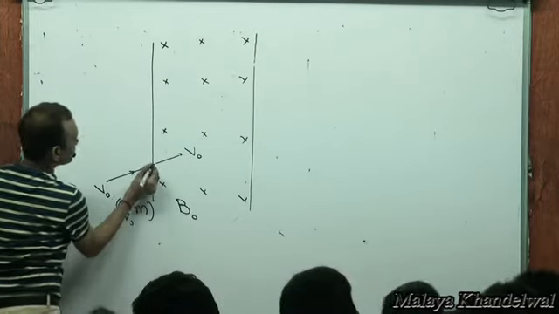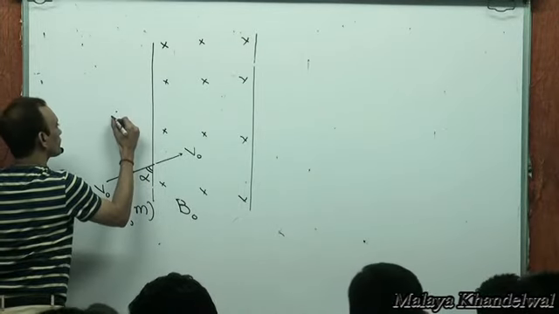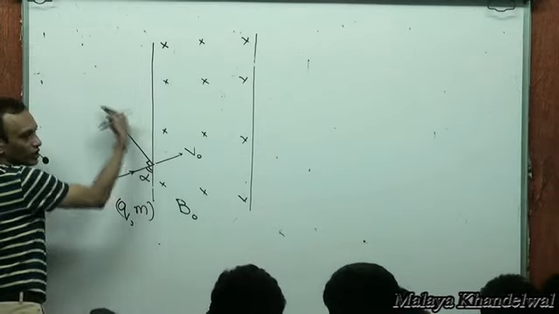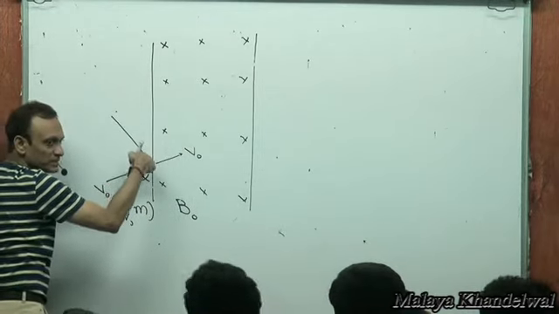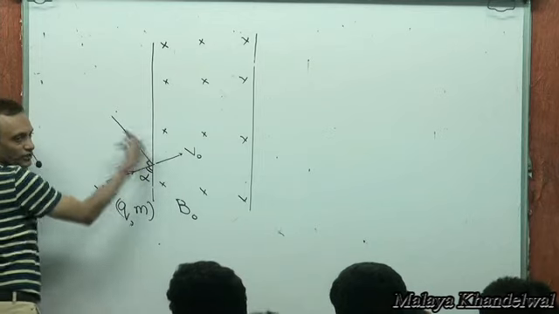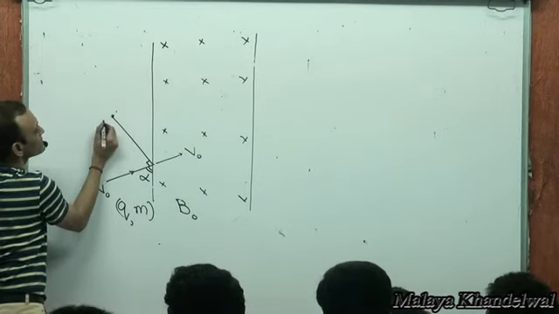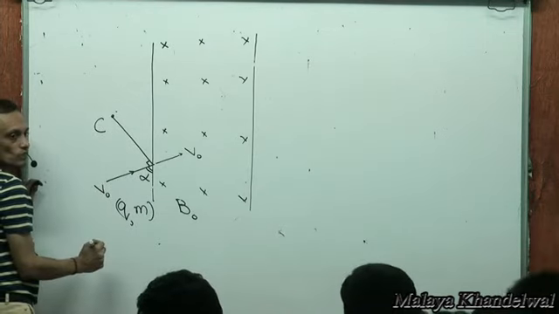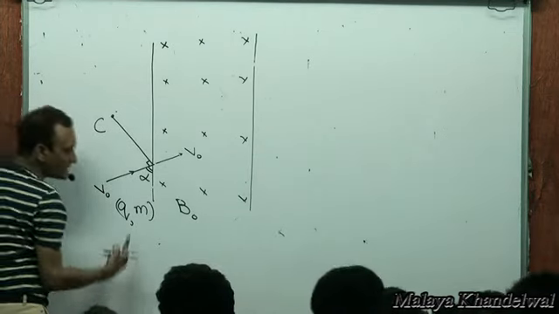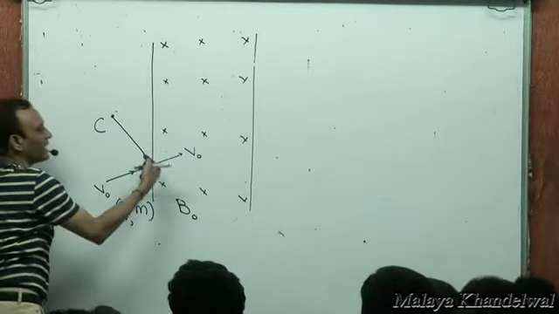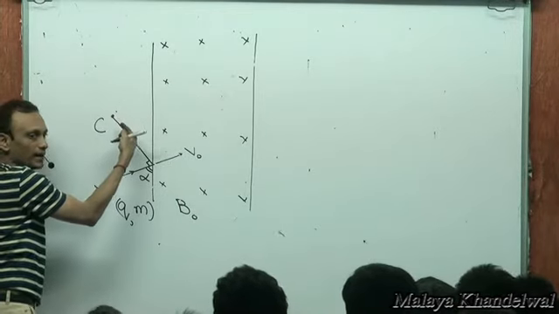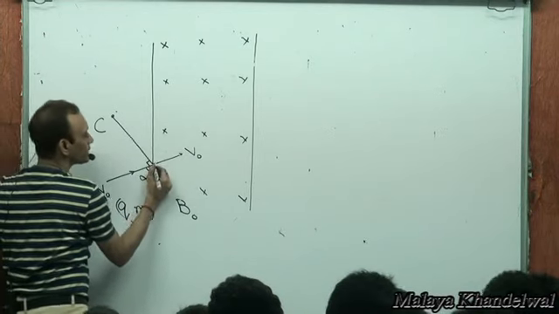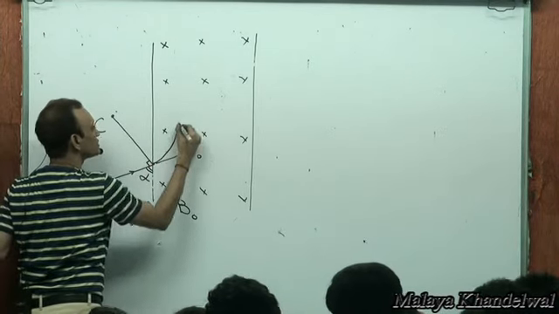That means this time this would be the direction of V cross B, and therefore this is where the center C of the circle lies. This center C now doesn't lie on this interface. It lies in the region from which the particle enters, right? And therefore it will execute a trajectory like this.